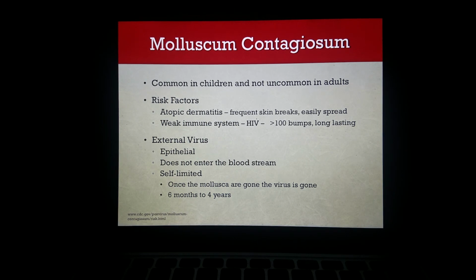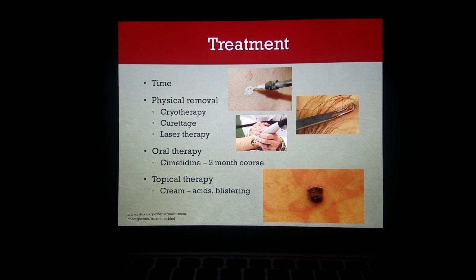Sometimes it can last up to 4 years, but that's not as common. And so because it's self-limiting, one of the best treatments, actually, if they can stand it, is just to wait it out. And there are means of physical removal through freezing it off, cutting it off, burning it off.